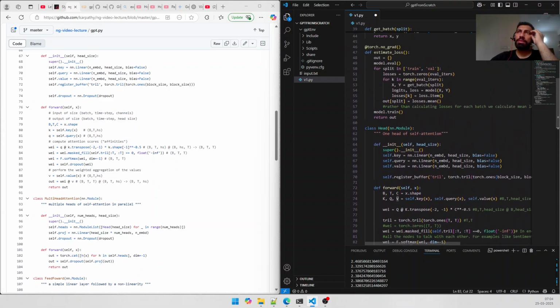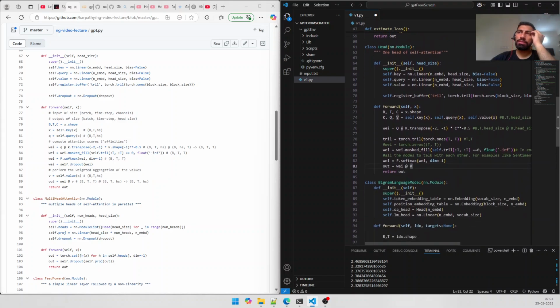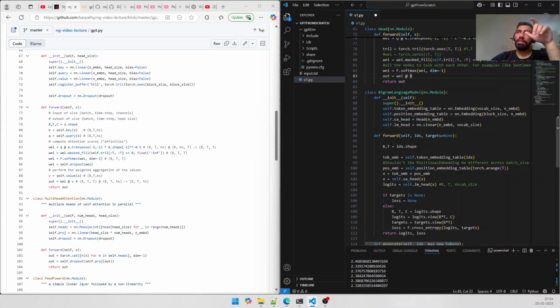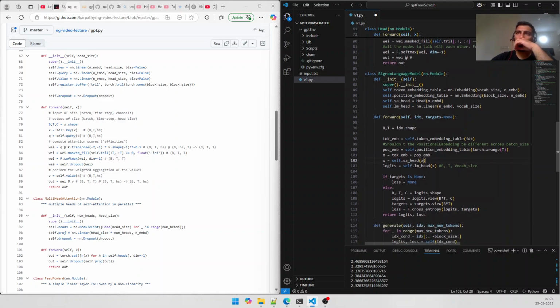That's what is happening in the head. So once we have the token embedding and the position it belongs to, we add that, and for each of those, the correlation with the other elements comes here.